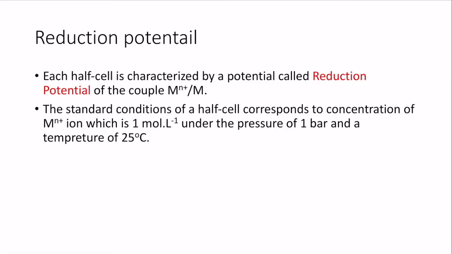Which is logical, because U_PN, as we mentioned, depends on the potential of the cathode minus the potential of the anode. That's why we call it the potential difference. So we have a subtraction here. So whenever we're changing the metal, the potential inside the cell is changing.